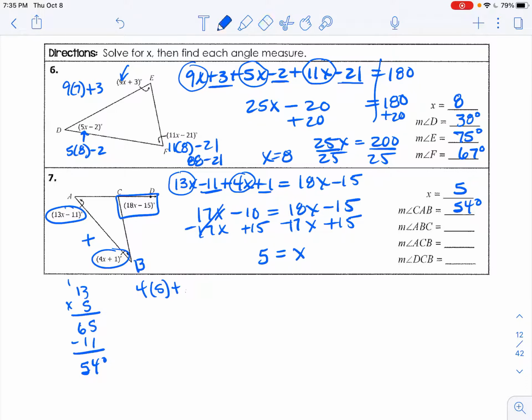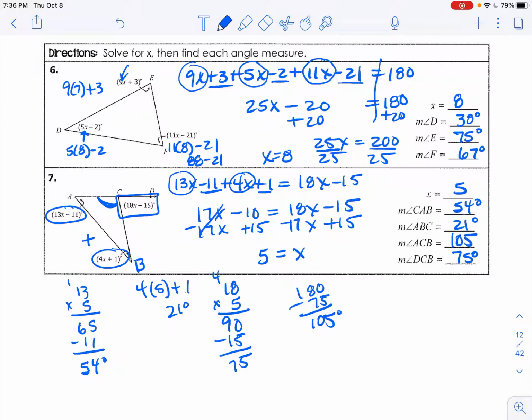I added a 5, I meant to add a 1. 21 degrees for angle ABC. All right, and the exterior angle, let's see, 18 times 5 is 90, minus 15, 75 degrees. So angle DCB is 75 degrees. The supplement of DCB, 180 minus 75, is 105 degrees.